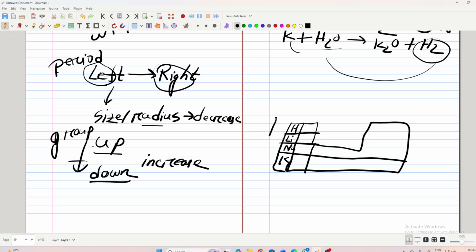See, if I go up to down, the size increases. Just assume after sodium, magnesium comes, and then aluminum comes, right?